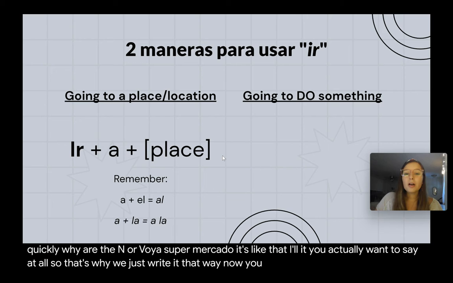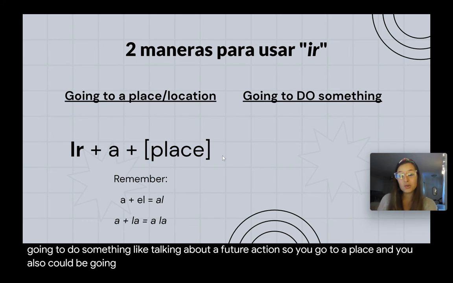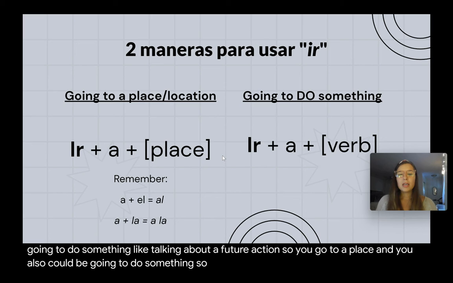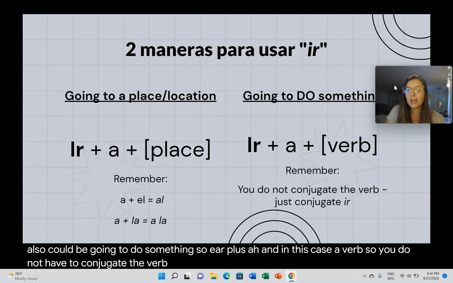Now, you can also use ir to go, as in you're going to do something, like talking about a future action. So you go to a place, and you also could be going to do something. So ir plus a, and in this case, a verb. So you do not have to conjugate the verb when you use ir.